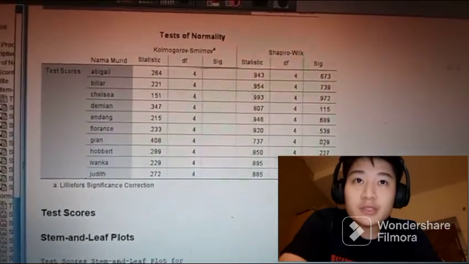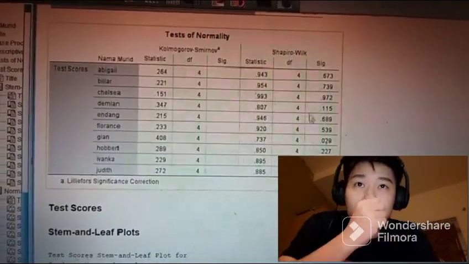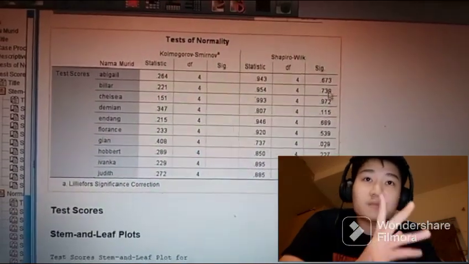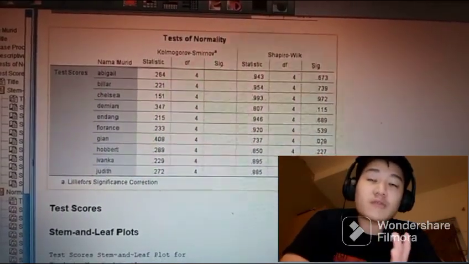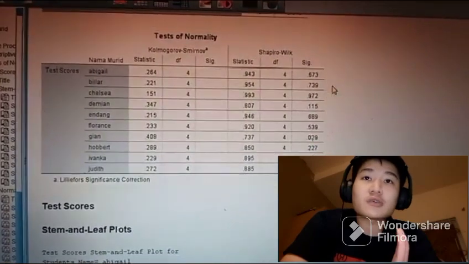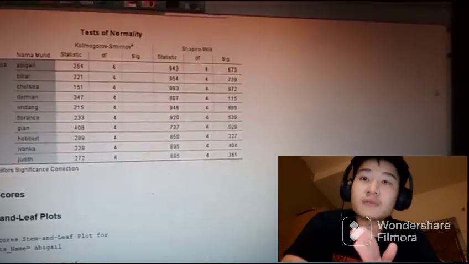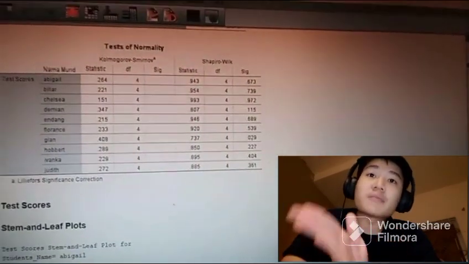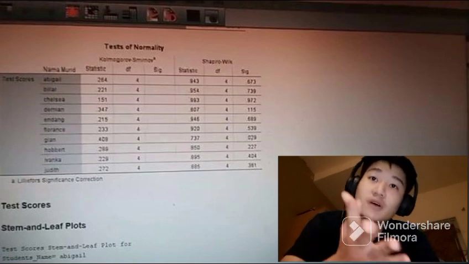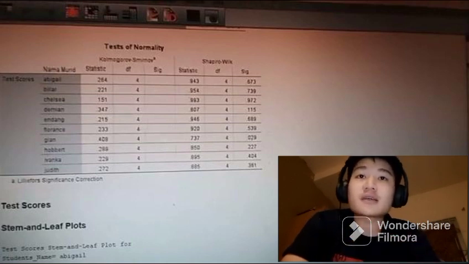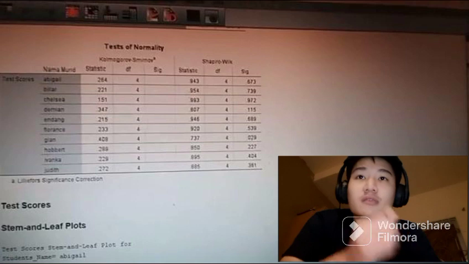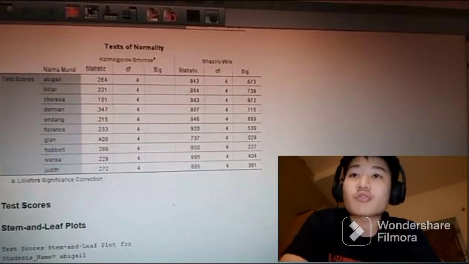The qualification is if it's below 0.05 or 5%, that means it is not normal. Meanwhile, if it's above 0.05 or 5%, that means the data distribution is normal.